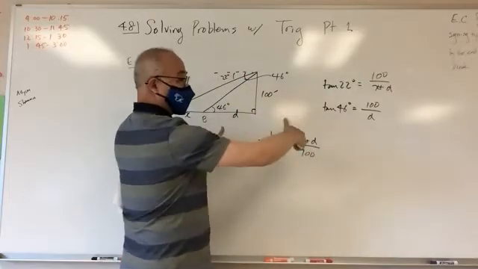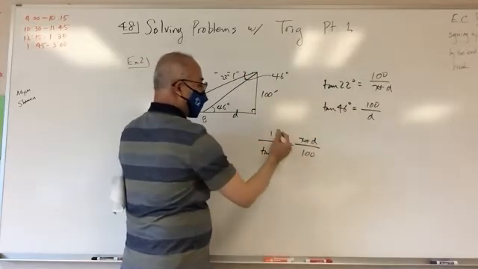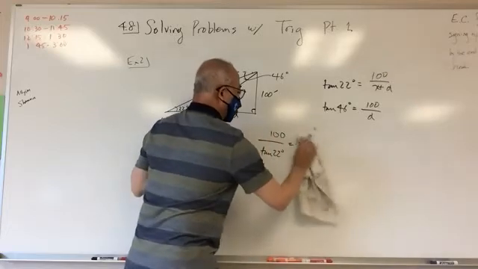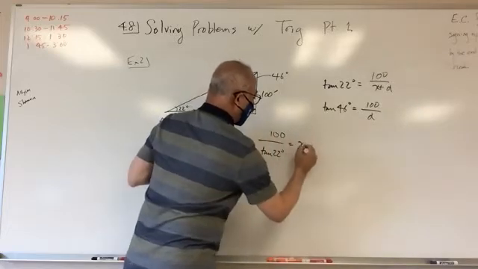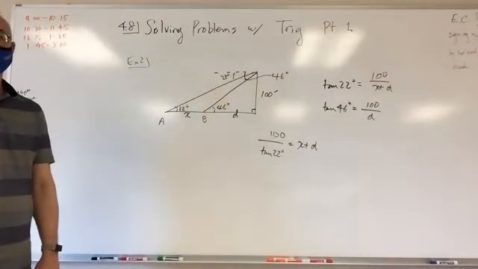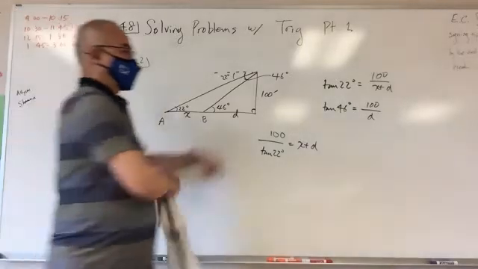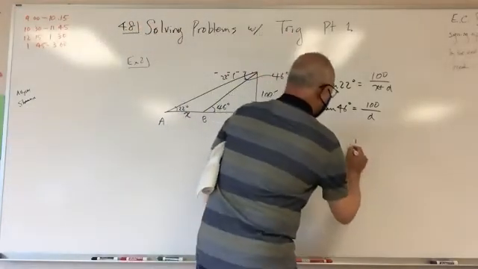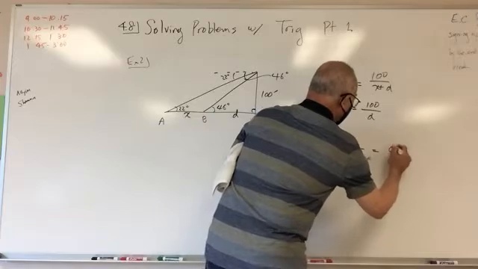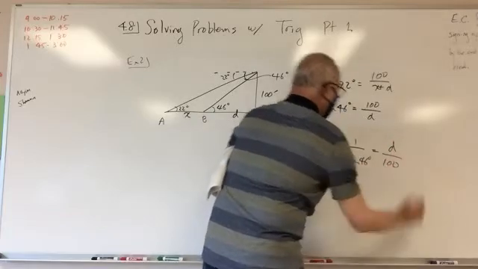You just flip them over, multiply 100 on both sides, and I have x plus d. On this one, I'm going to flip it also: 1 over tangent 46 degrees is equal to d over 100.